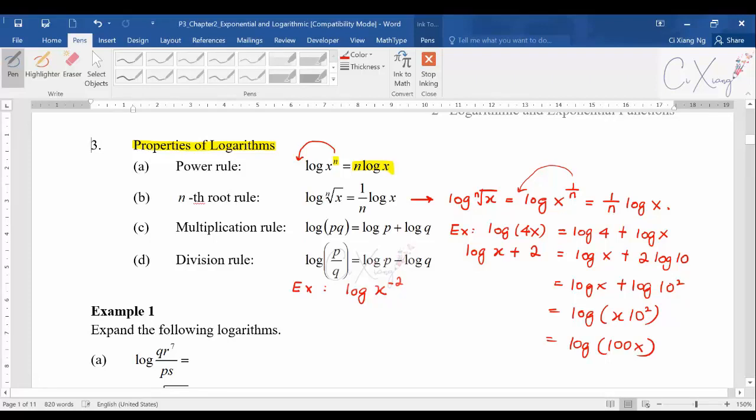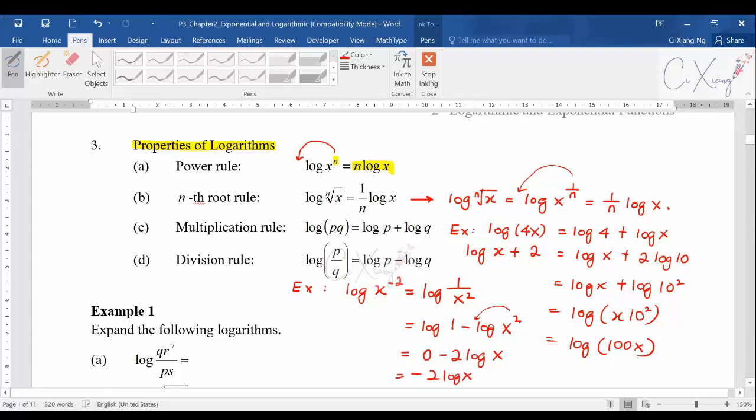Log x to the power negative 2, you can write it as log of 1 divided by x to the power 2. And then you can write it as log 1 minus log x squared. And after that, log 1, you get a 0. The 2 you can bring in front to become negative 2 log x. So you have negative 2 log x.